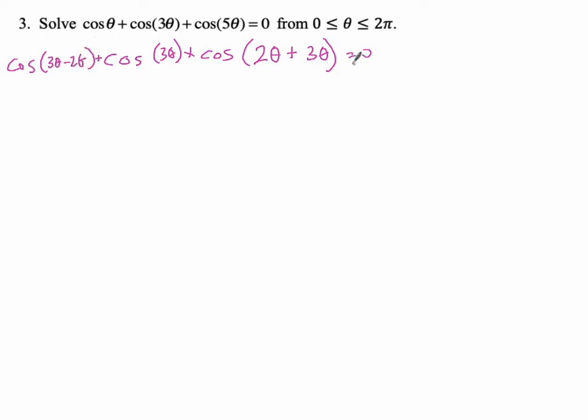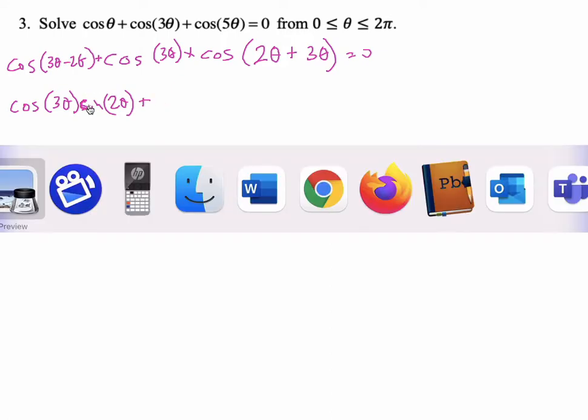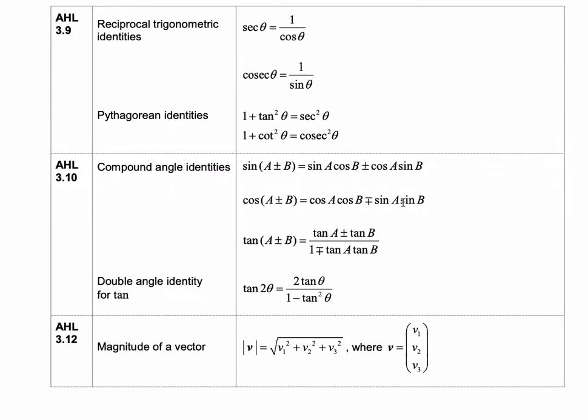What that does is give everything in terms of 2 theta and 3 theta instead of 3 different arguments for cosine, right? So using the formula, you get cosine 3 theta, sine 3 theta, sorry, 2 theta. Okay, and then this is a minus, so this becomes plus. Sorry, that's cosine right there. The formula goes cosine cosine, sine sine.